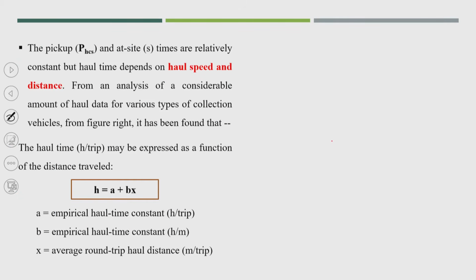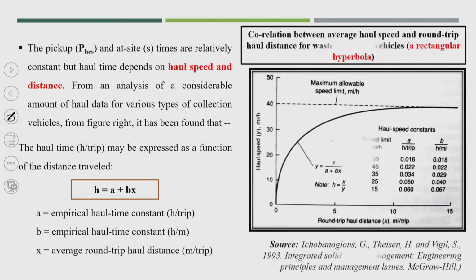So, the haul time may be expressed as a function of round-trip haul distance, h equal to a plus bx. If you plot a graph between haul speed and round-trip haul distance, we will see a rectangular parabola. See here, and here we see the different speeds.